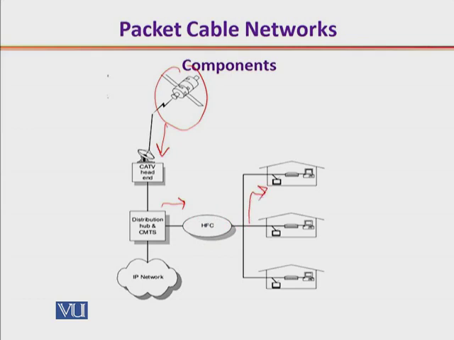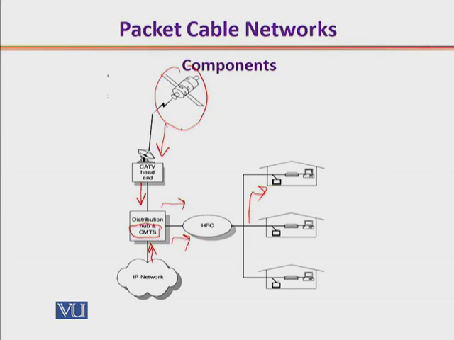But since we are interested in using this infrastructure for now data transmission, we can imagine that we need to have installed some distribution hub that either takes satellite channels from here or the internet traffic from here. And then we have CMTS, that is cable modem termination system, another entity which is connected in this distribution hub and CMTS unit, which is now connected to the same HFC.